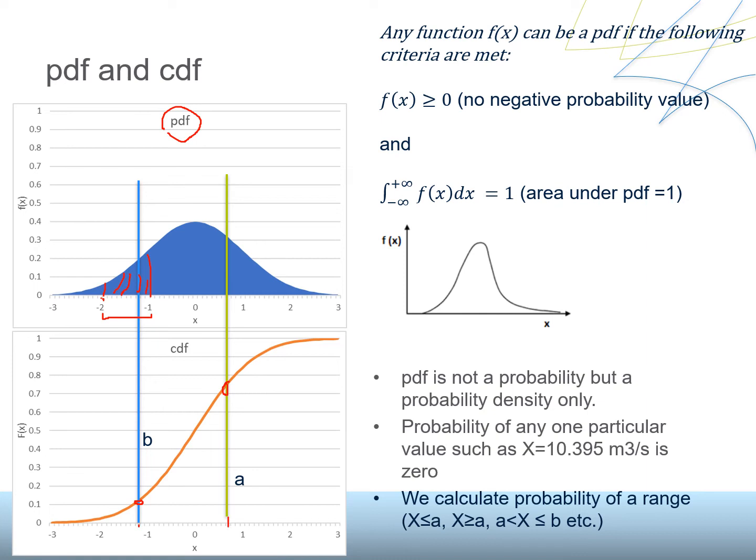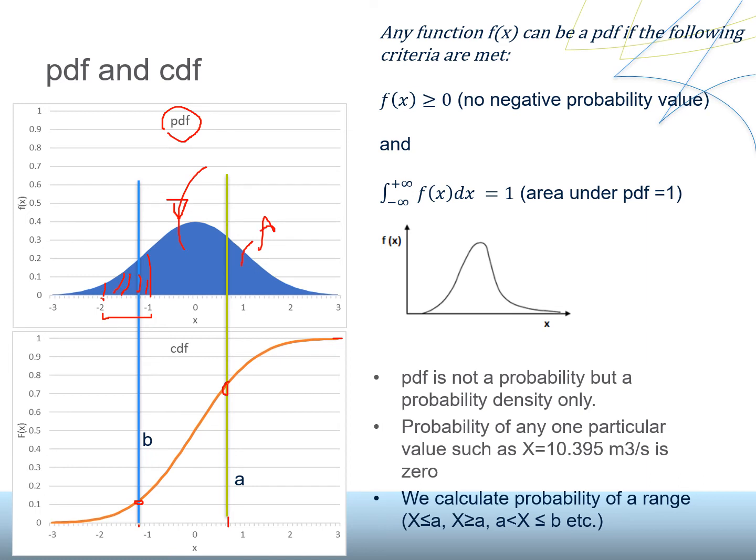So you can calculate using the cumulative distribution function or the probability density function. The area under this probability density function always has to be 1. The cumulative curve shows 1 at the end, but here the area under the curve should be equal to 1.